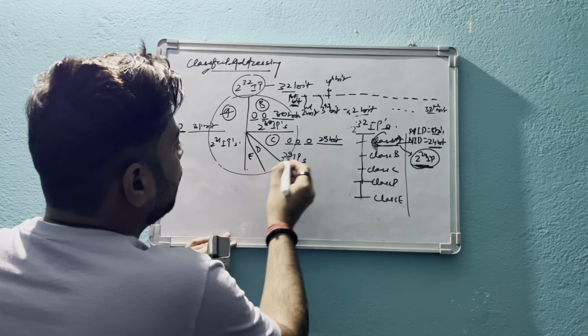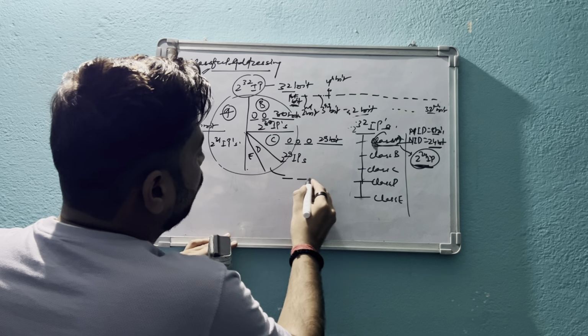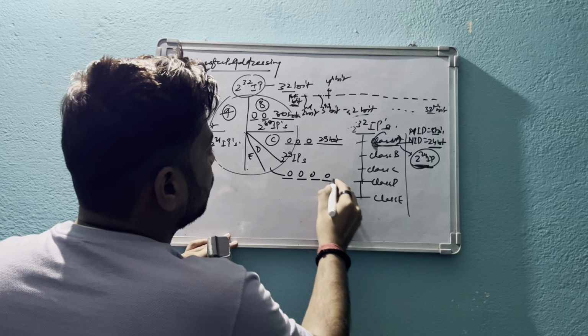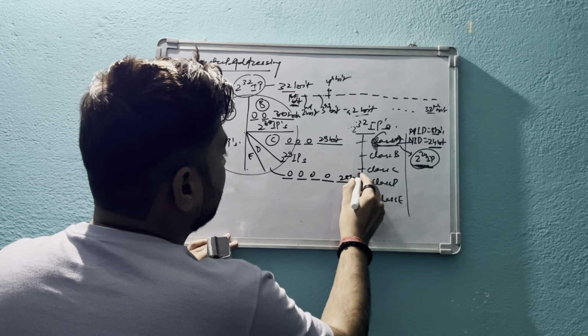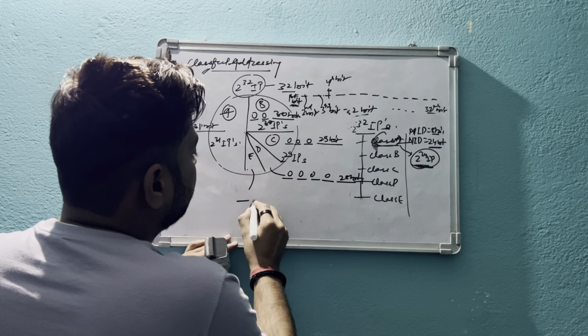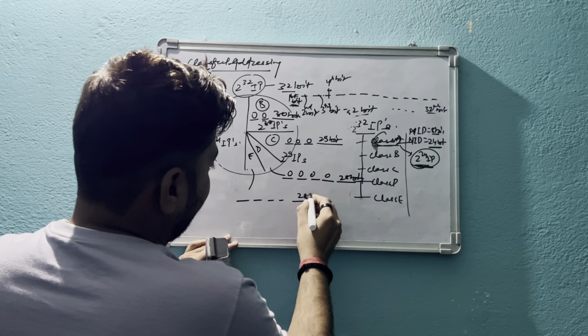In class D also, similarly we reserve the first 4 bits, like 0, 0, 0 and 0, and the rest we are left with 28 bits. And similarly in class E we reserve the first 4 bits, and we are again left with 28 bits.